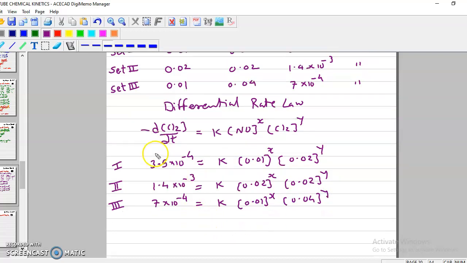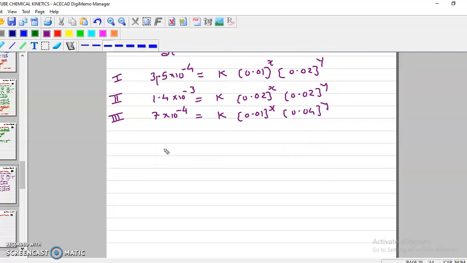To find X, first of all we will take the ratio of second and first, so that we can cancel Y and k.